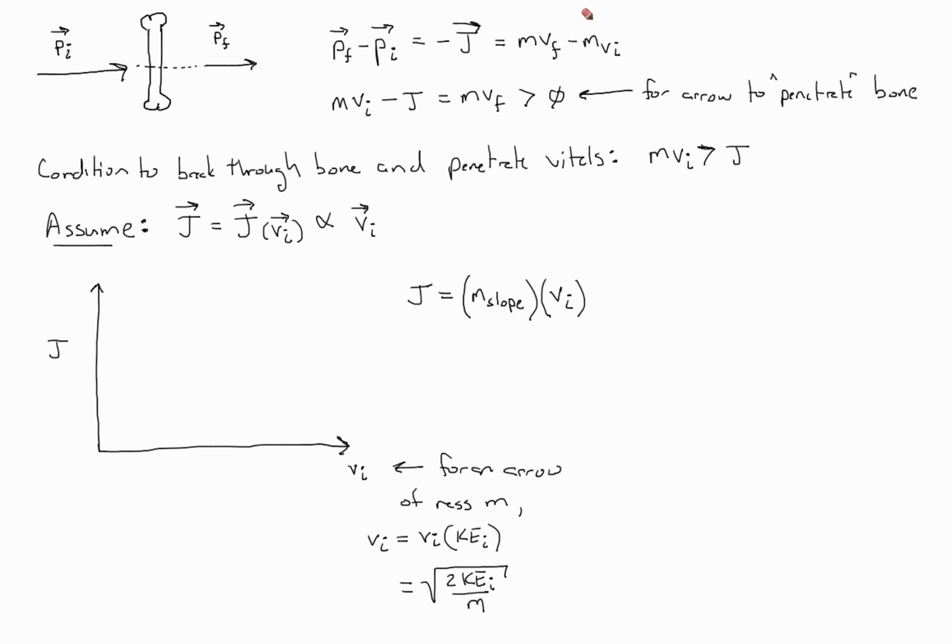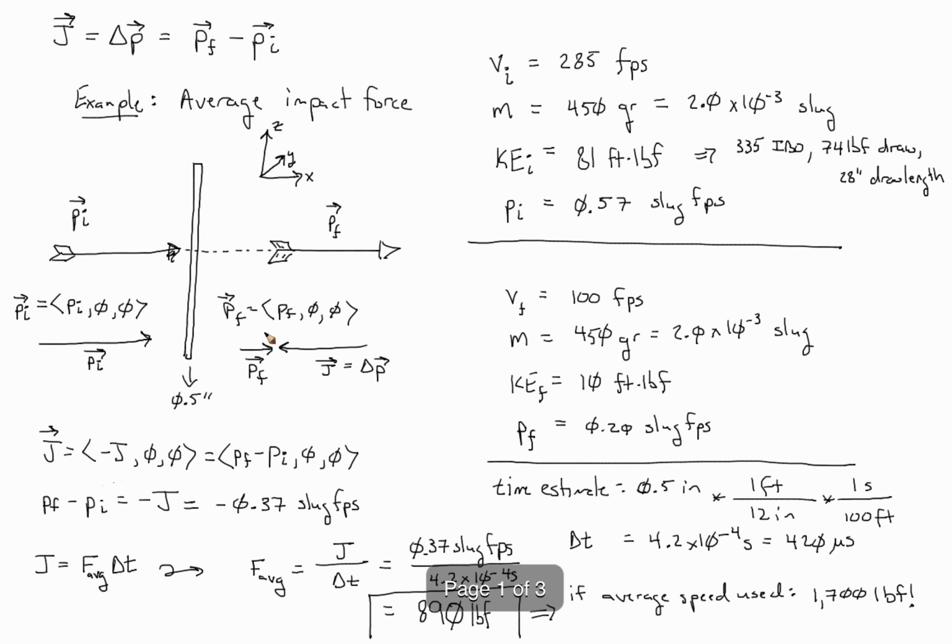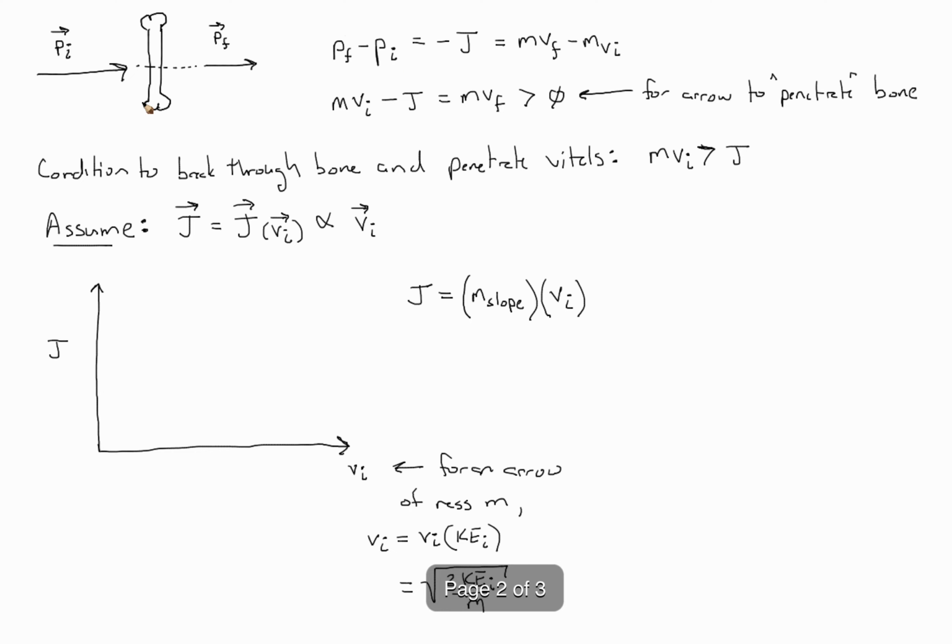We're going to look at this as the magnitudes as opposed to the actual vectors. So this is exactly the same setup as I had here, and so it's exactly the same equation. PF minus PI is equal to minus J. Exact same equation. Same setup. But now we're talking about going through a bone instead of through a piece of MDF.